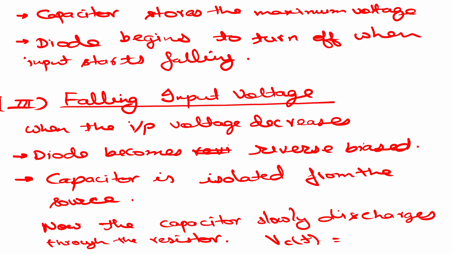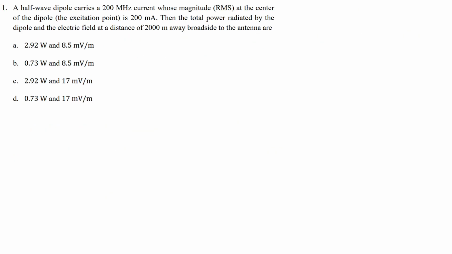Since it is not charging, it is discharging now. It starts with the peak voltage and decays with e to the power minus t by RC, where RC is a time constant.